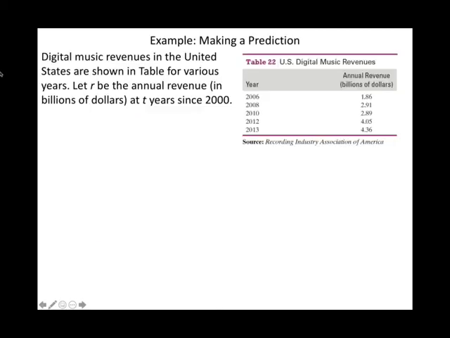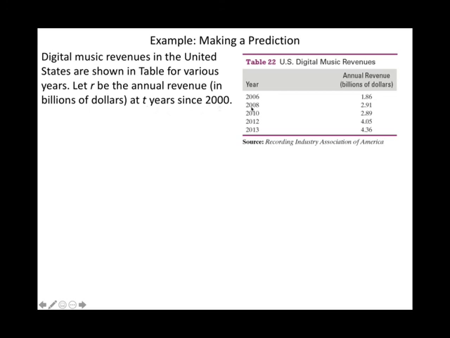Making a prediction. Digital music revenues in the United States are shown in the table for various years. Let R be the annual revenue in billions of dollars at t years since 2000. Okay, so remember this guy? It means t equal to 0 when the year is 2000.